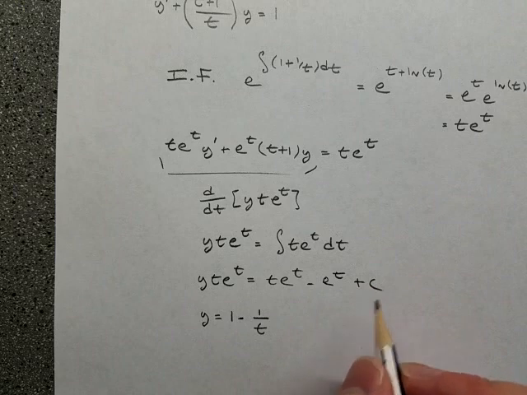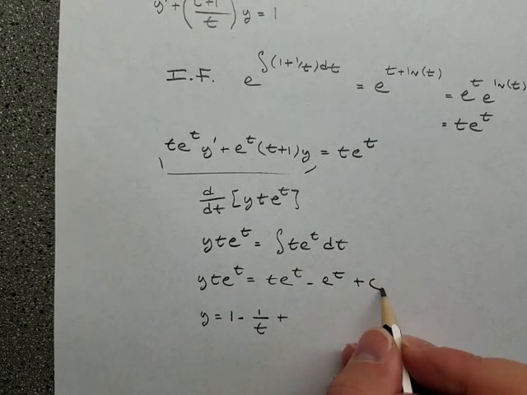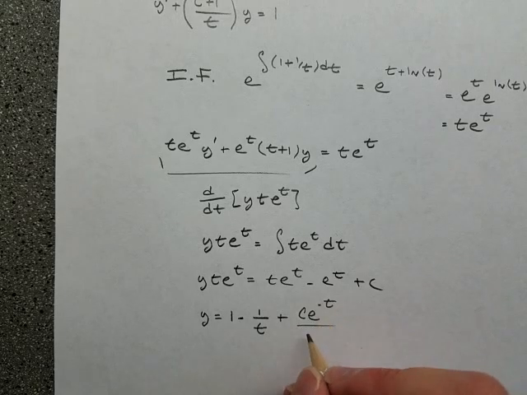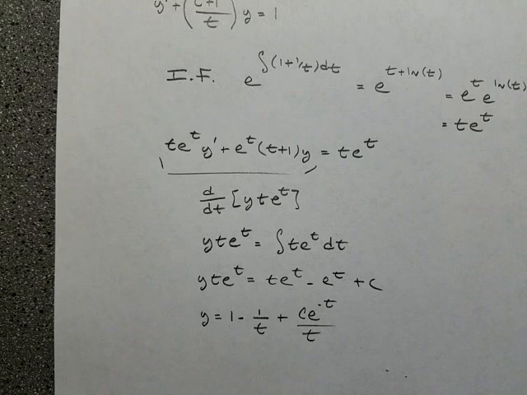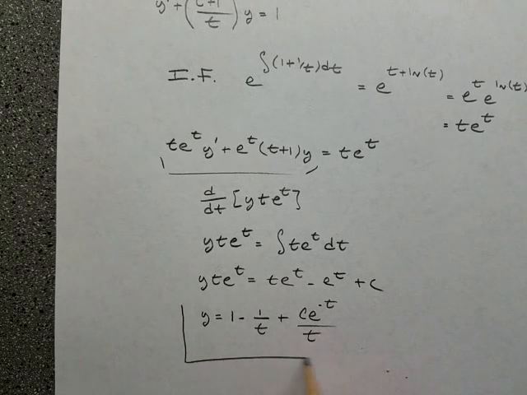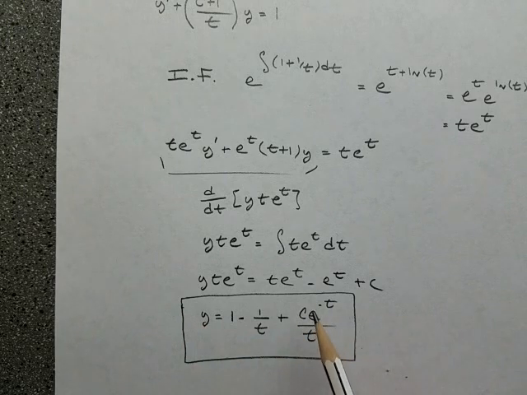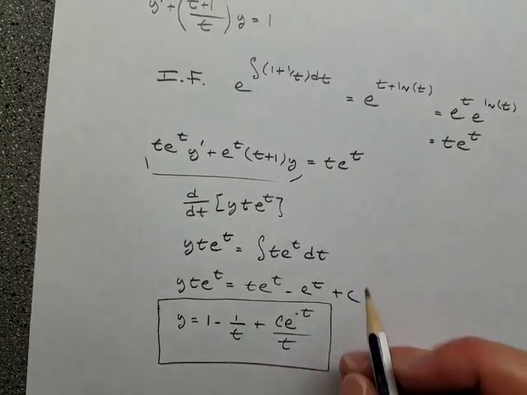And for that, I guess, let's say c e to the minus t over t. Okay. All right. Now, there's our general solution. General because that constant is undetermined. I have no way to tell you. I would need an initial condition to tell you what that is. So hence the general solution.